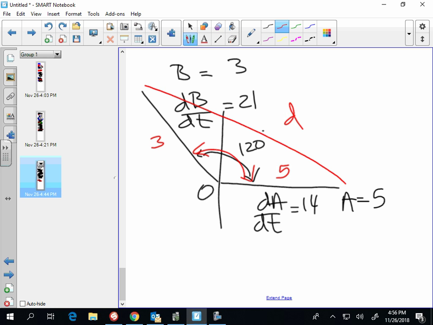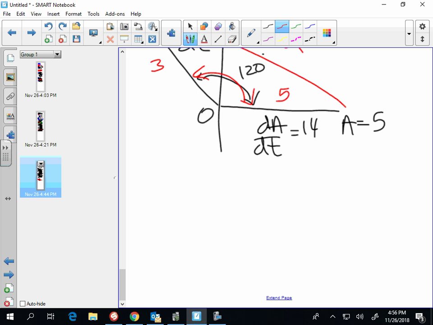All right, so what would it look like if I stopped whining and just did it? Well, law of cosines, remember, says a squared plus b squared minus 2ab cosine C equals c squared.